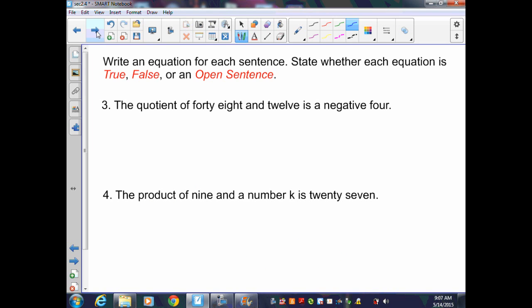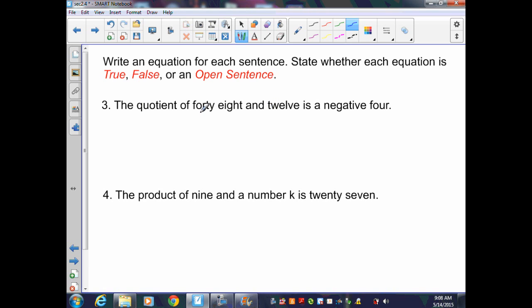Another example. Again, we want to write an equation for each sentence, state whether each equation is true, false, or an open sentence. Number 3, the quotient of 48 and 12 is a negative 4. Quotient means to divide, and whatever is stated first goes on top, and what's stated second goes on the bottom of my fraction.